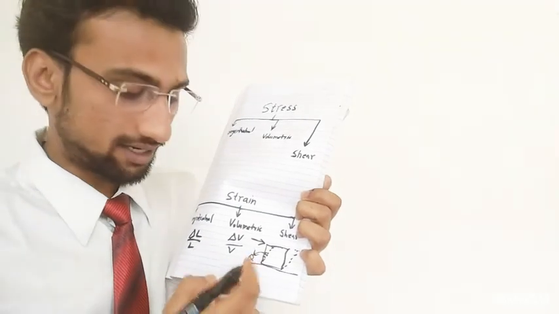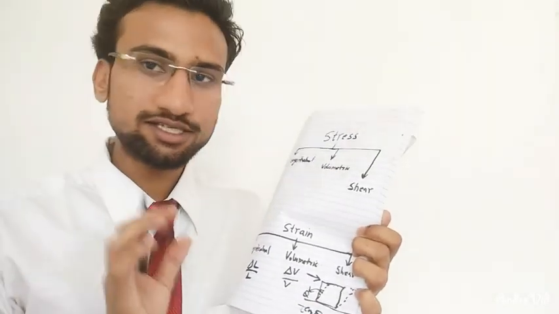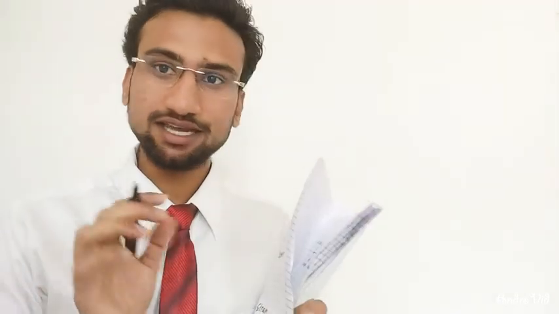Then tan of this theta will be known as shear strain or tangential strain. I mean that when I apply external force on this body, the body will get tilted, and the tan of the angle it makes from its previous position will be known as shear strain. So we saw what is stress and what is strain and their types.